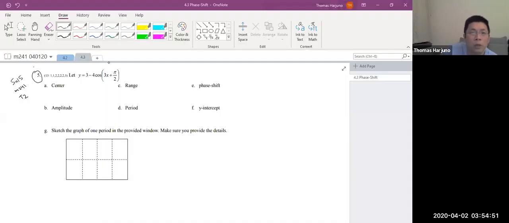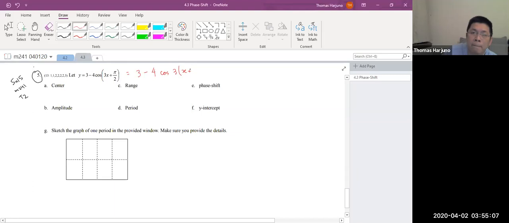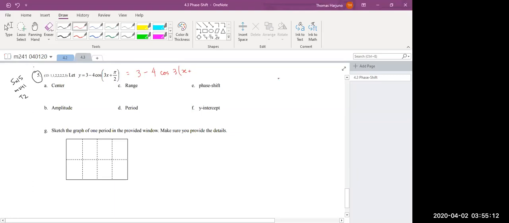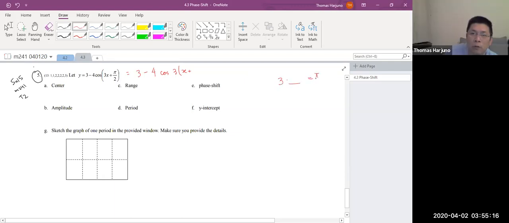Okay, the first thing we need to do is to factor the 3 out. So this is 3 minus 4 cosine 3 parentheses x plus pi over 6. Pi over 6, because 3 times something equals pi over 2, so that something must be pi over 2 divided by 3.